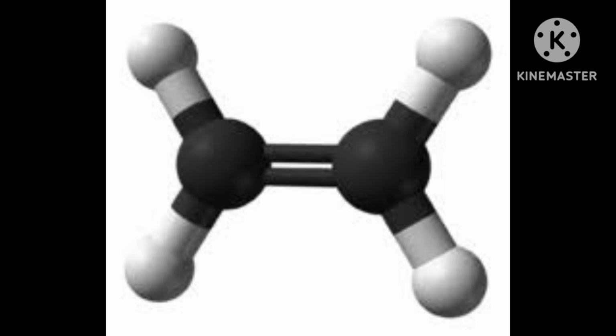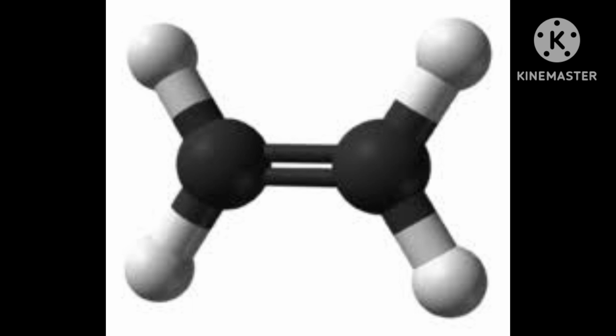Then in a staggered form of ethane, the electron clouds of carbon-hydrogen bonds are as far as possible. Thus there are minimum repulsive forces, because carbon electrons and hydrogen electrons are far.